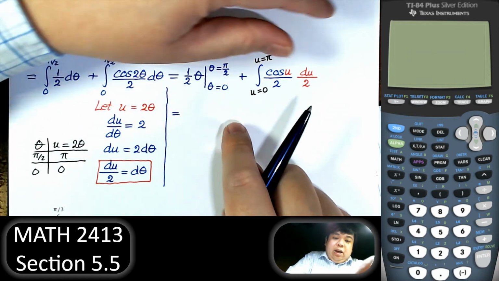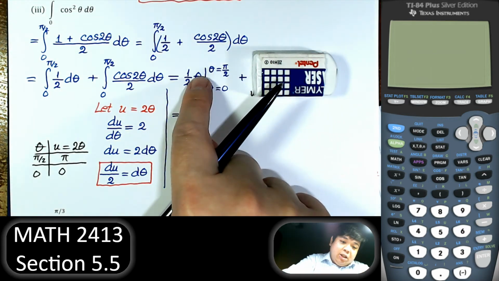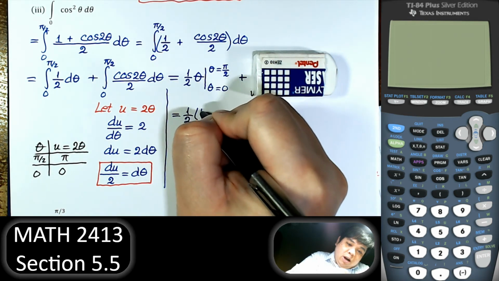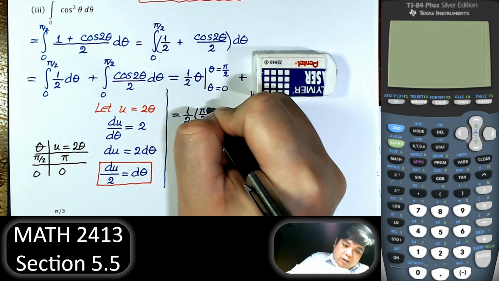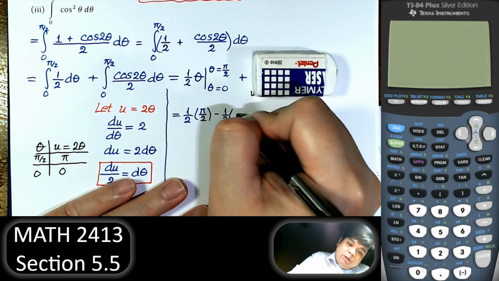I forgot about that. For this first one, I just substitute in the limit: 1/2 times pi over 2, minus 1/2 times 0.